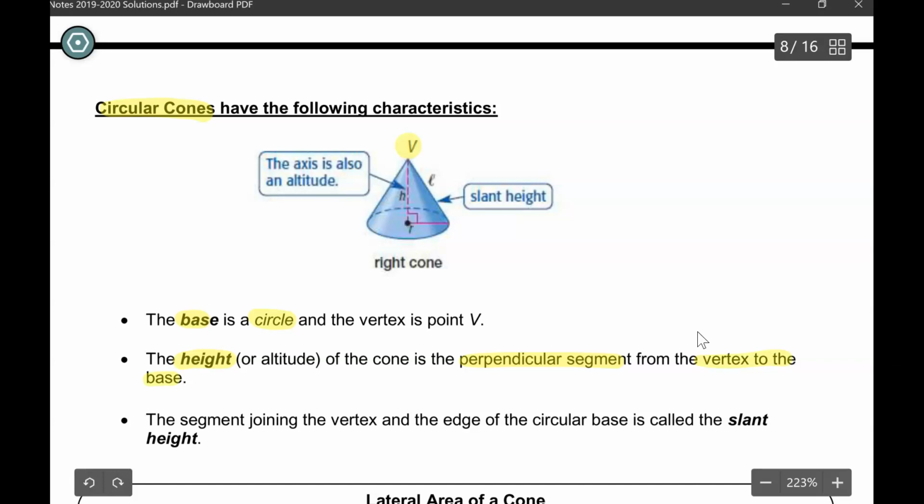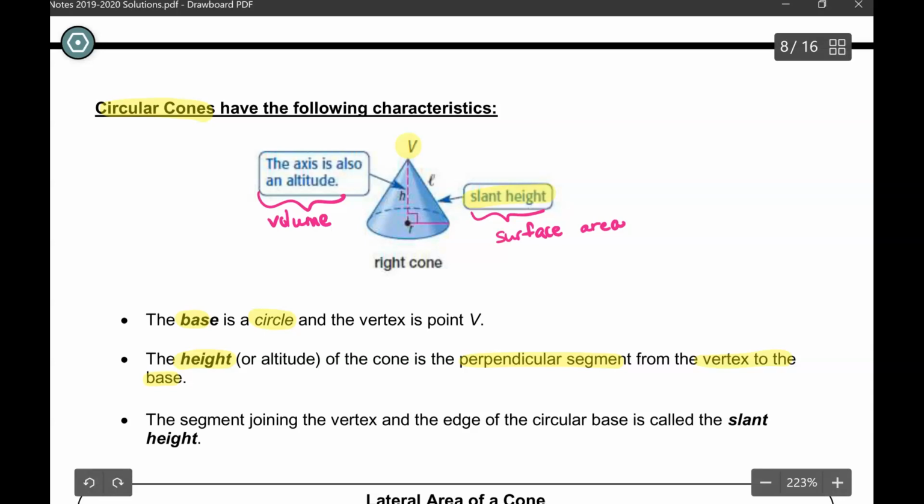Again, the height is always going to be used with volume. And then the slant height is going to be used with surface area, just like we looked at on the pyramids. Okay, so slant height still here.